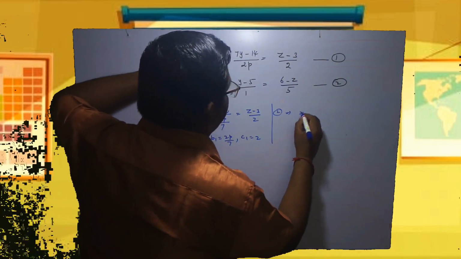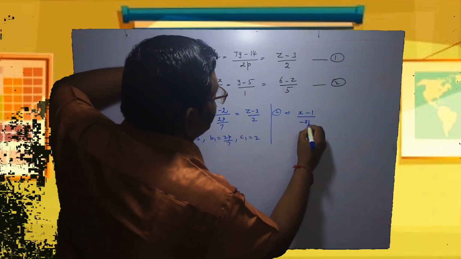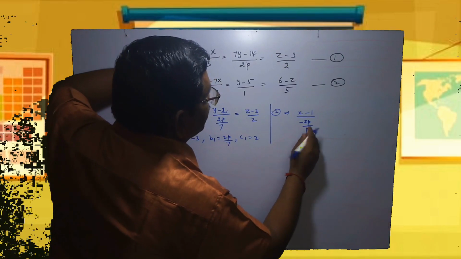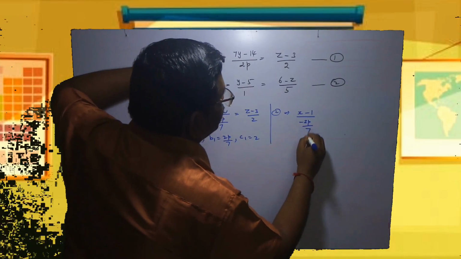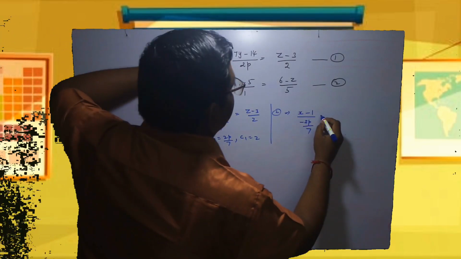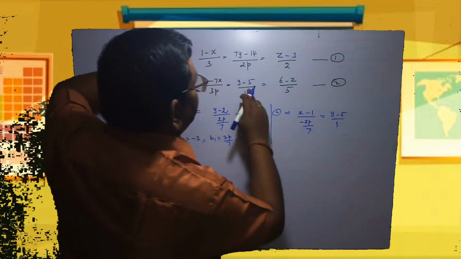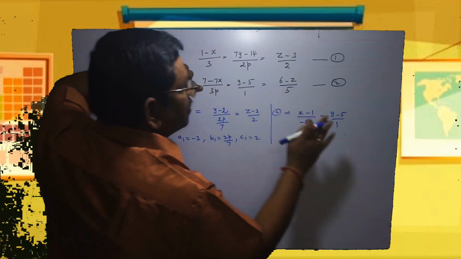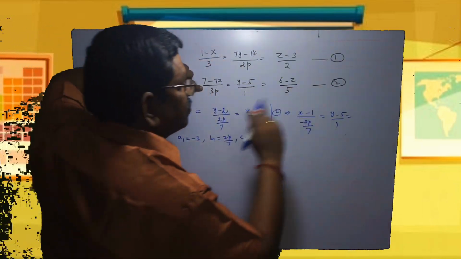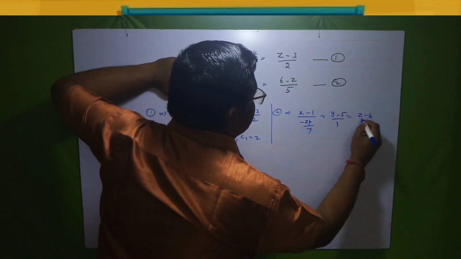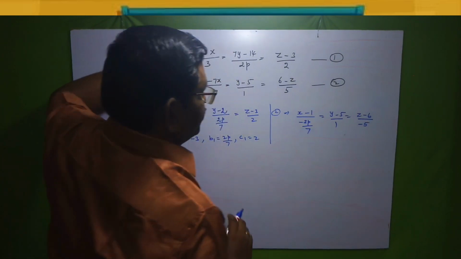So we can write this as x minus 1, and that minus 7 will be taken to the denominator, so 3p by 7 will become minus 3p by 7, is equal to, from here no change needed, that means y minus 5 is in the proper order, no change, whereas the last one is not in the order, it is 6 minus z, so we are changing this as z minus 6, so that the minus can be brought down, so 5 will be changed to minus 5.